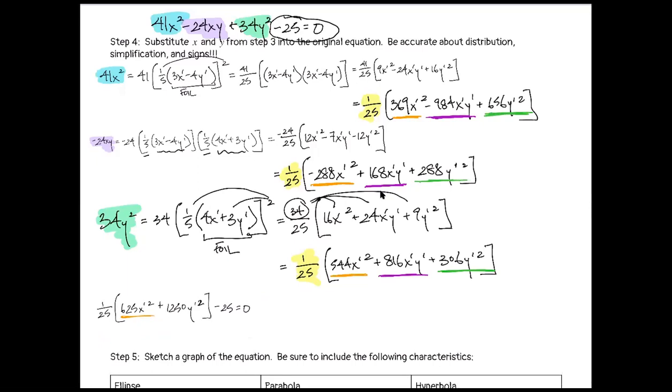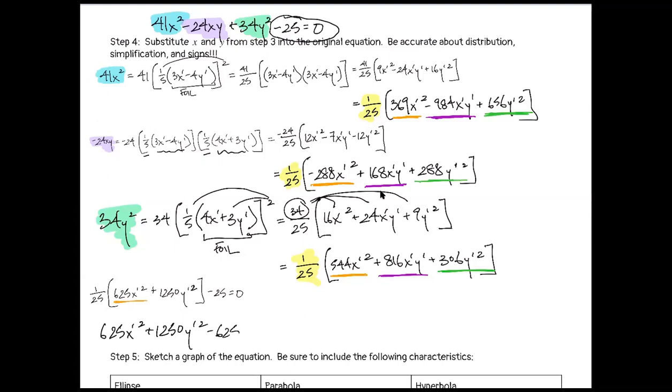Now what we're going to do, instead of distributing that 1 over 25, I'm going to multiply the entire equation by 25 so I can get rid of that 1 over 25. That is going to get me 625 x prime squared plus 1250 y prime squared, and then minus 625, because 25 times 25 gives me 625, equals 0.